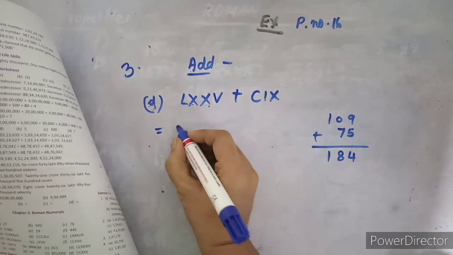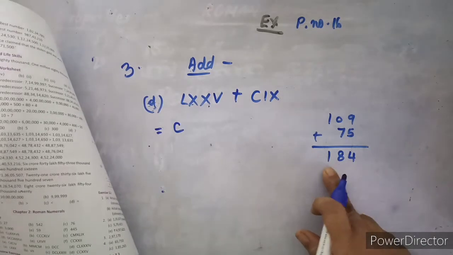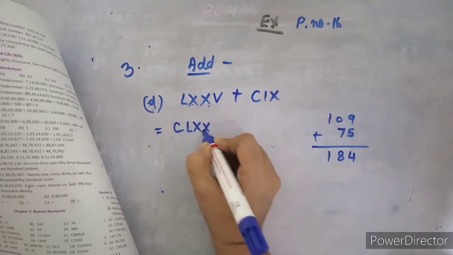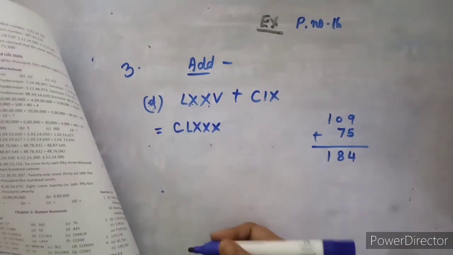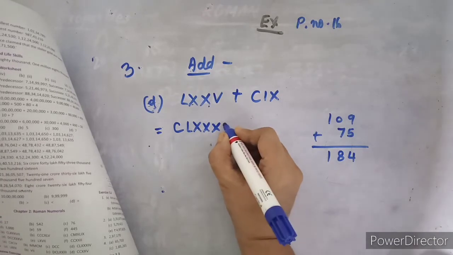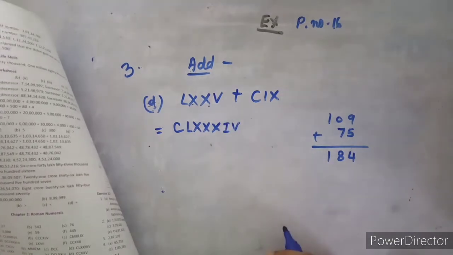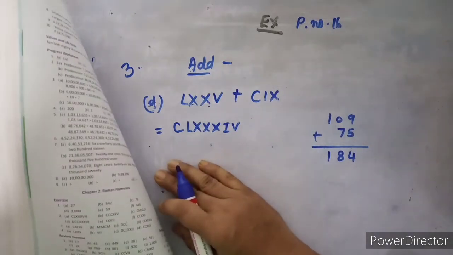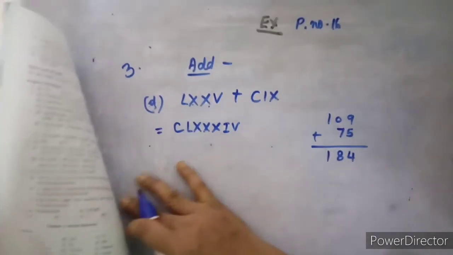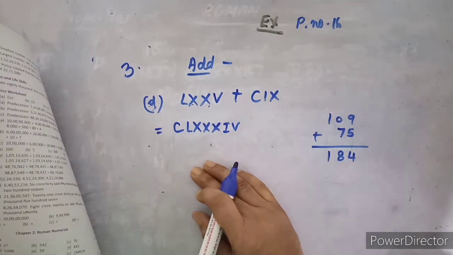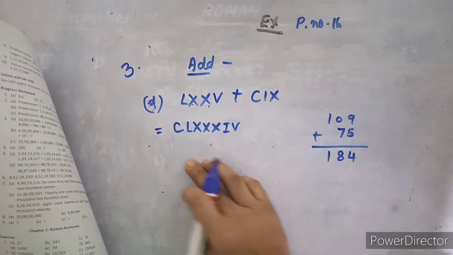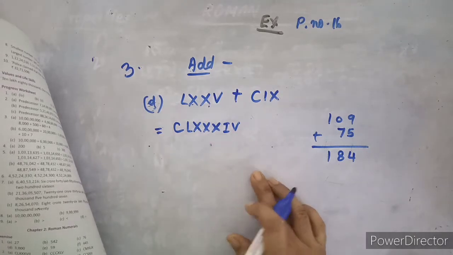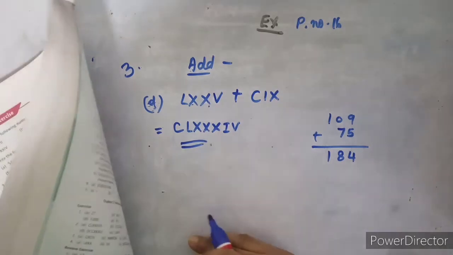So write down C for 100, then 84. 80 means what? 50, 60, 70, 80. Okay, so 80 and then 4. So like this. Okay, so can you see? 184. So this is your answer for this one.